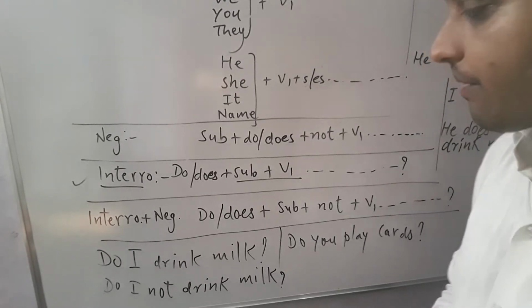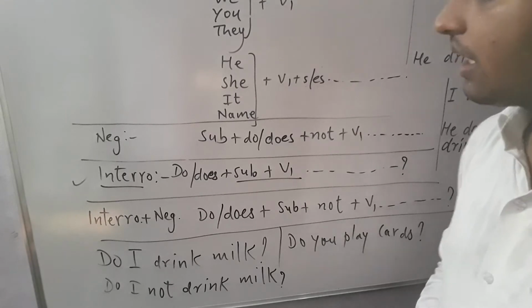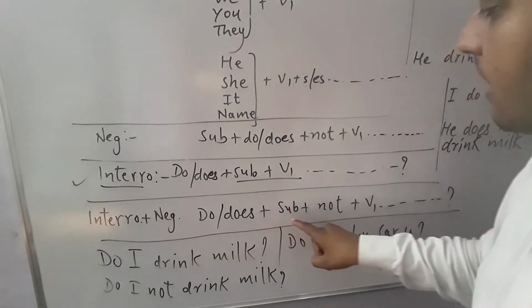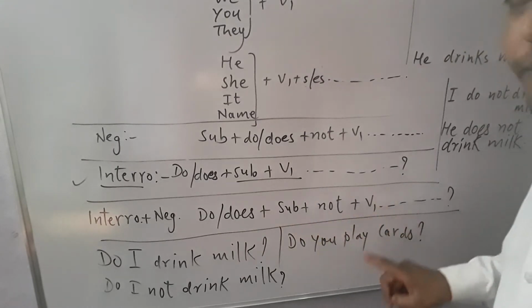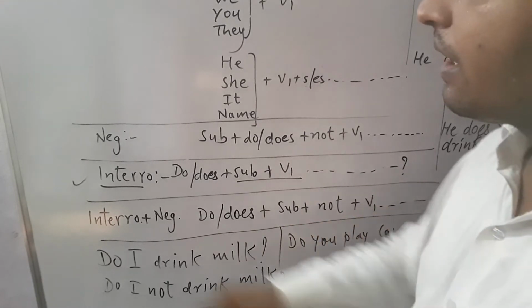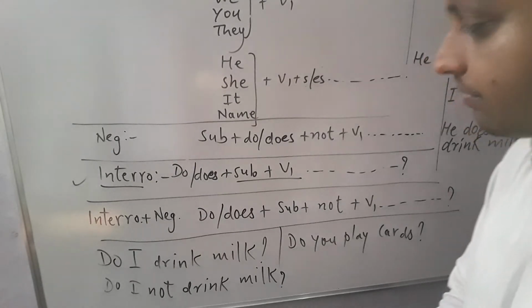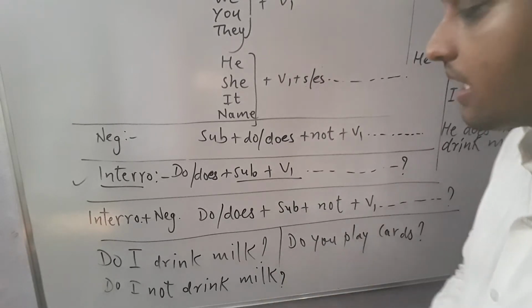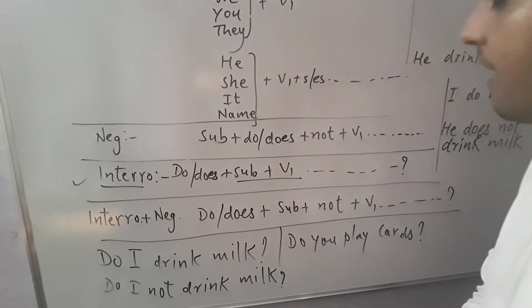Do I drink milk? So the sentence becomes interrogative. And if I use this pattern, do, does, subject, not, and verb, this is the pattern of interrogative negative sentence. My dear students, you have to start the sentence with helping verbs do and does.